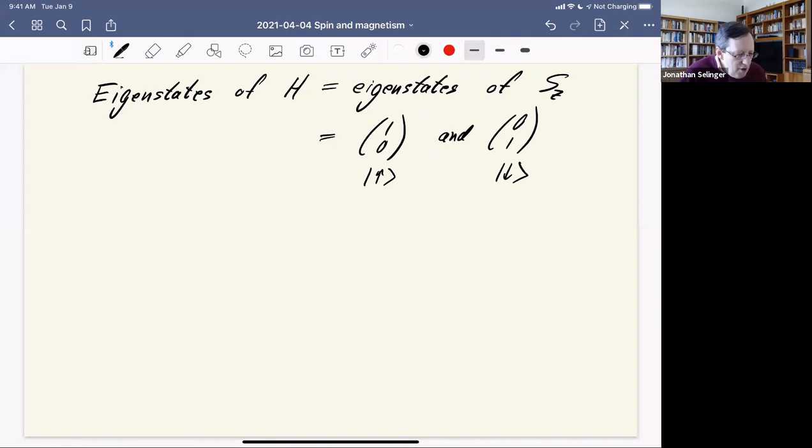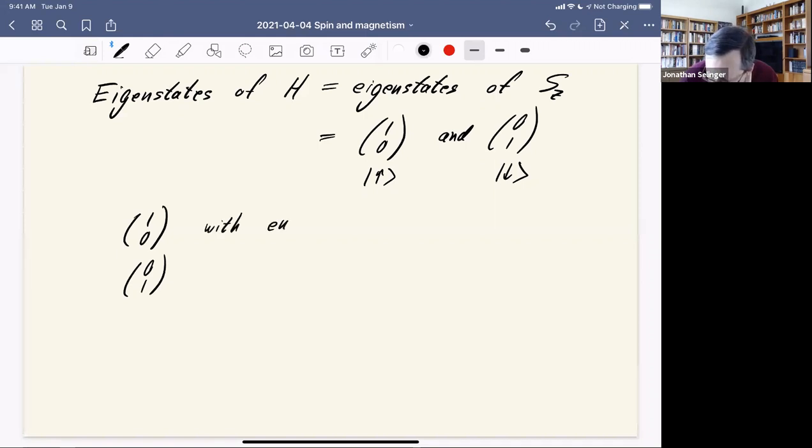So now we know the eigenstates of the Hamiltonian, and each of them has some energy.